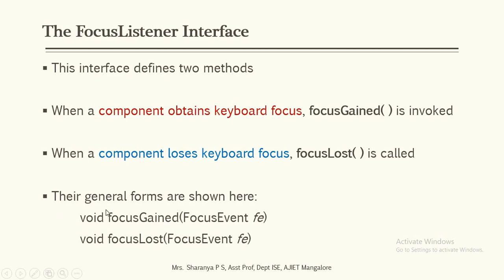And the way we use these methods is void focusGained, where gained is the generated event, and one more, focusLost, with respect to focus. And for FocusEvent we are passing the object of it.